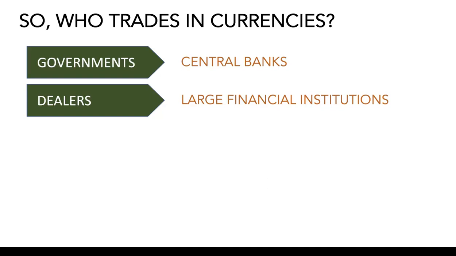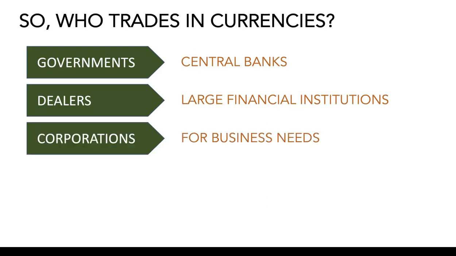Large financial institutions make currency trades for their clients and may enter into their own trades as well. Third, corporations. If a company sells goods in the United States but is based in Germany, it may need to convert the US dollars it receives into euros. That means going through the Forex market.